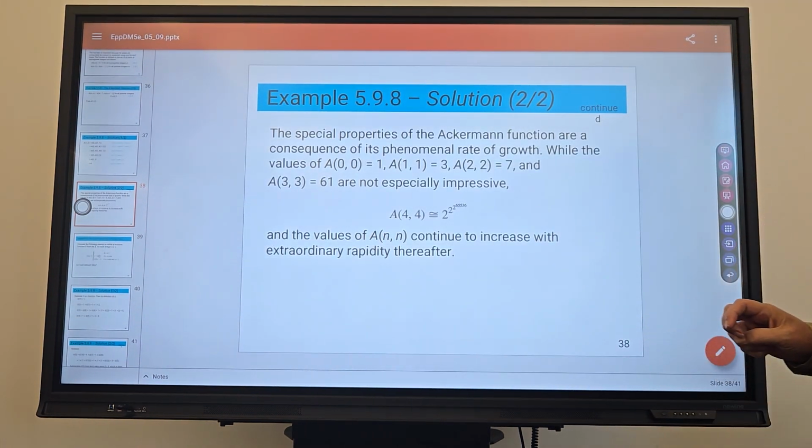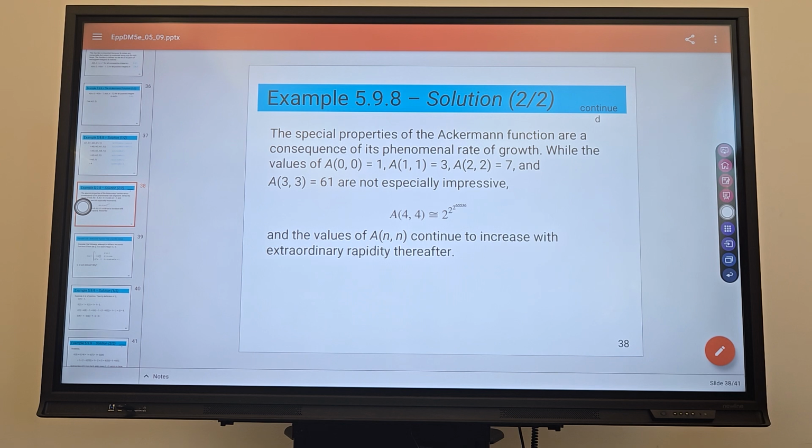The special properties of the Ackermann function are a consequence of its phenomenal rate of growth. While the values A of 0, 0 equals 1, A of 1, 1 equals 3, A of 2, 2 equals 7, and A of 3, 3 equals 61 are not especially impressive, A of 4, 4 is approximately 2 raised to the 2 raised to the 2 raised to the 65,536th power, which is a really, really big number.